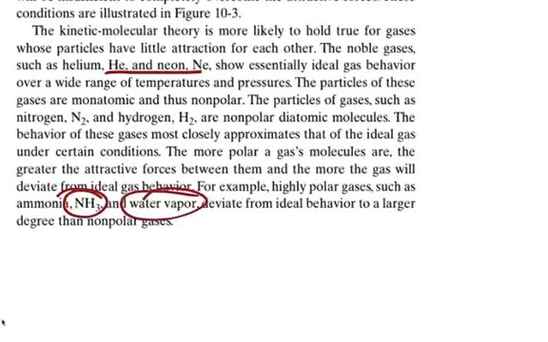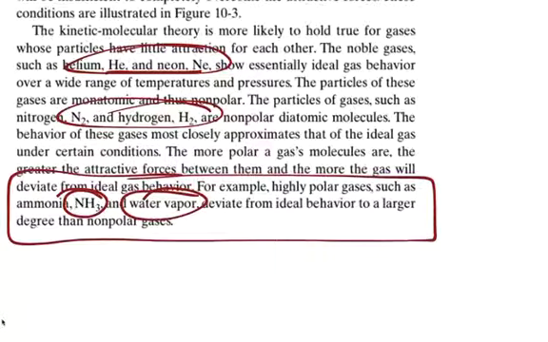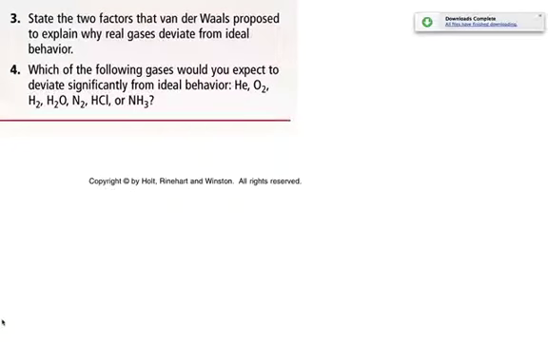Completely non-polar molecules, things like noble gases or even diatomic gases, are going to have more ideal behavior over a wider range of conditions. If we get into things that have some polarity, their ideal conditions are going to be much narrower, and they're going to deviate from that a lot quicker.